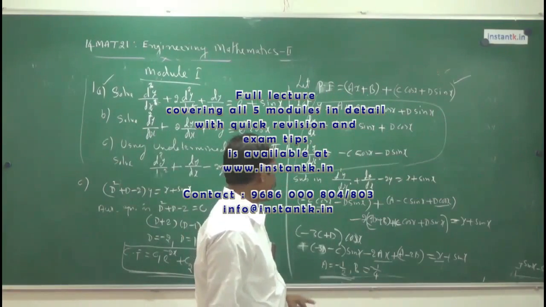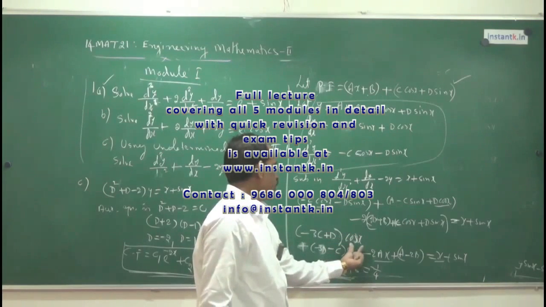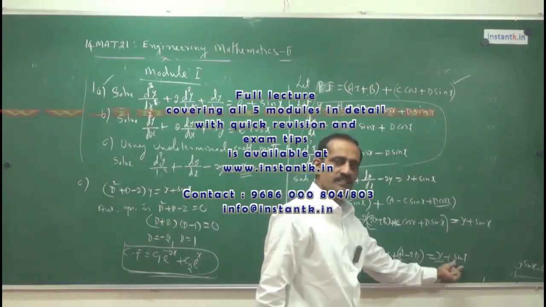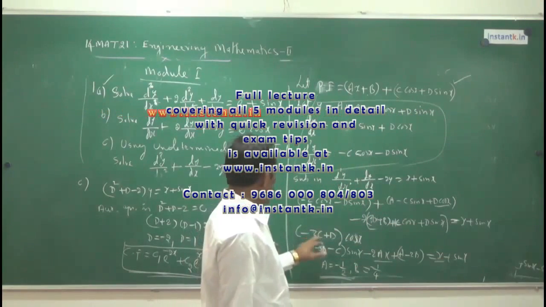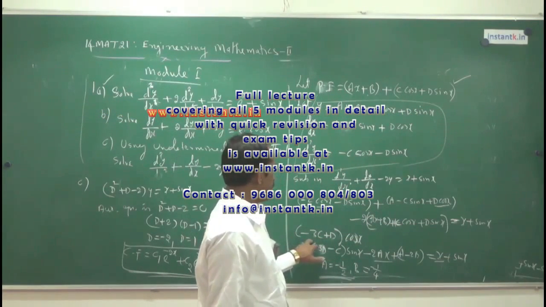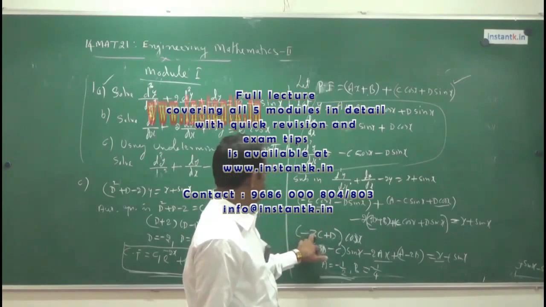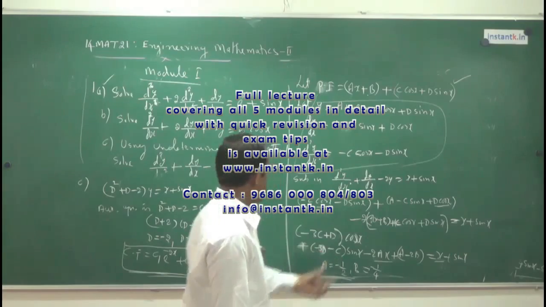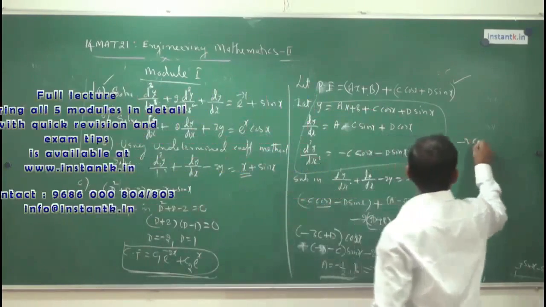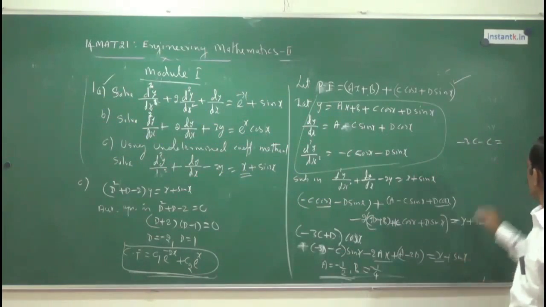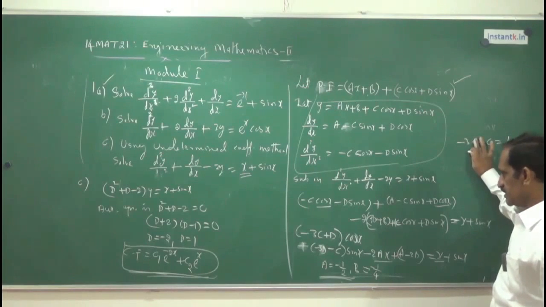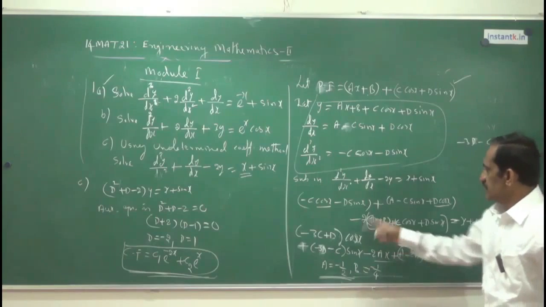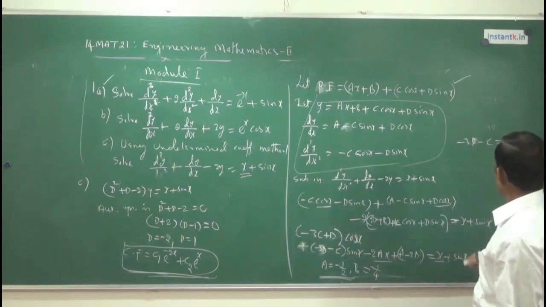Next, compare the coefficient of cos x and sin x. The coefficient of cos x is minus 3c plus d. Here no cos x term, so it is 0. So d is equal to 3c. Another one, the sin x coefficient: minus 3d minus c is equal to 1, since the coefficient on the right is 1. But from the earlier result, d is equal to 3c.